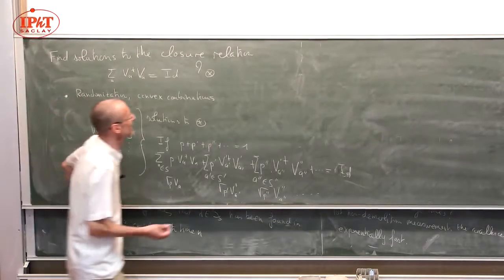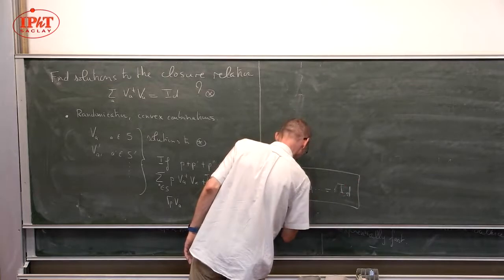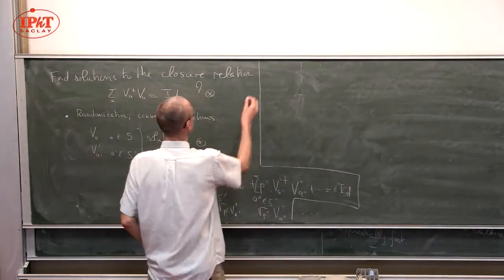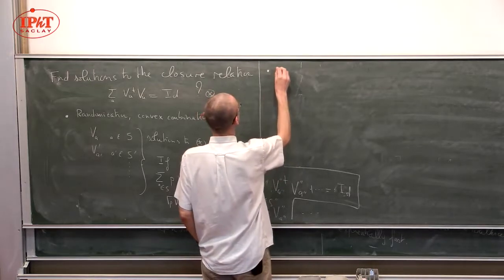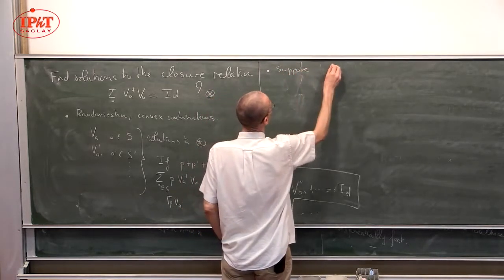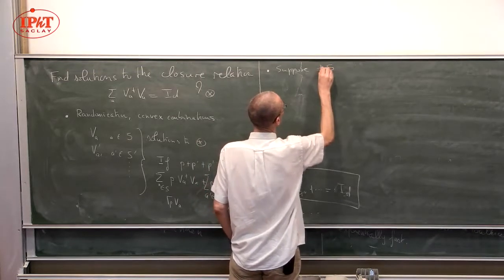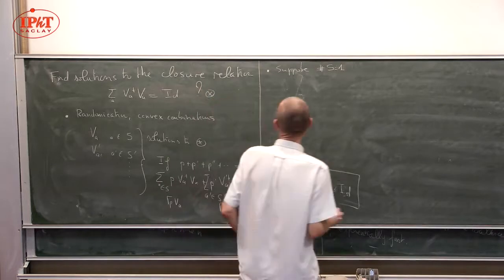So this is the first obvious thing. The next one is taking the cardinal of S to be 1. I already mentioned it before.